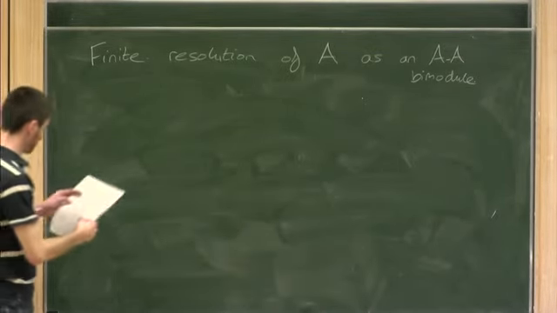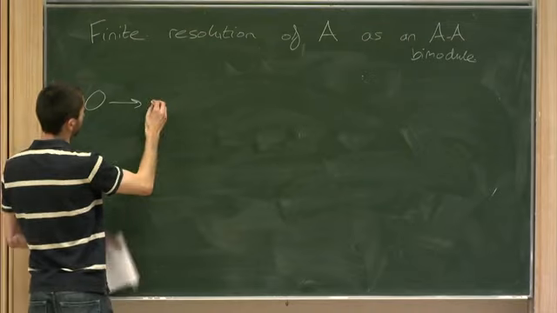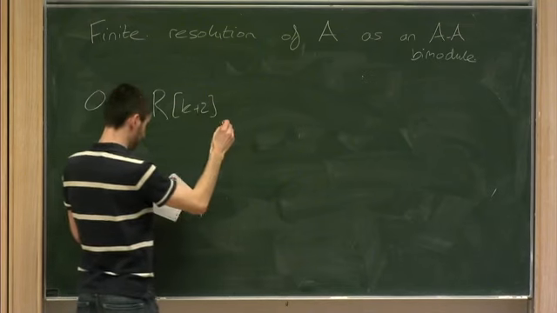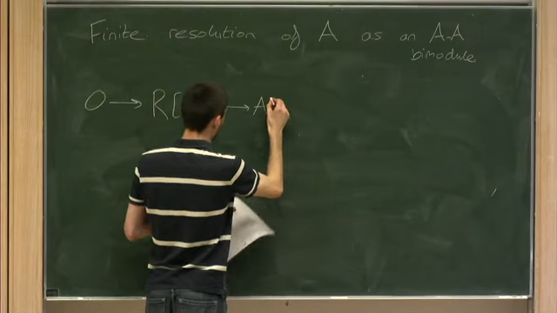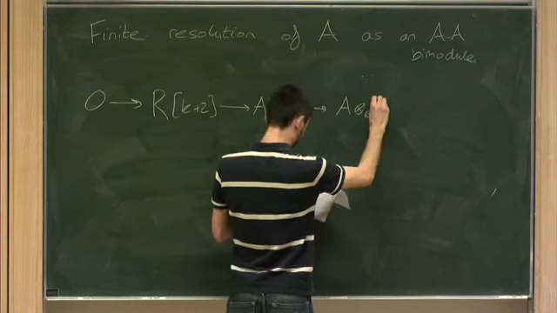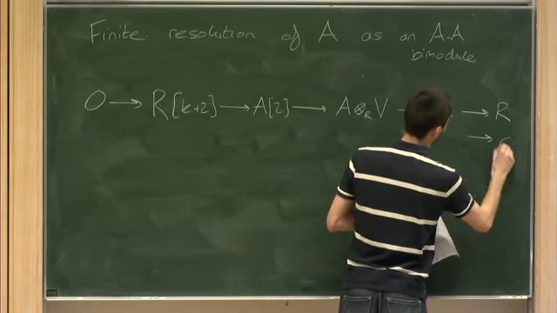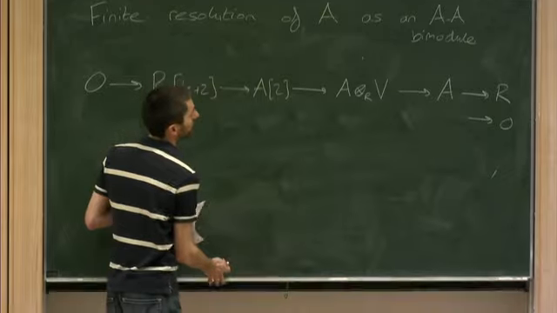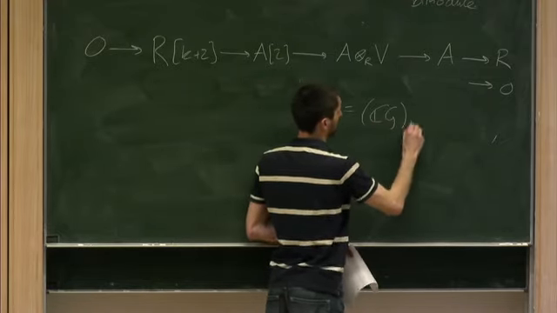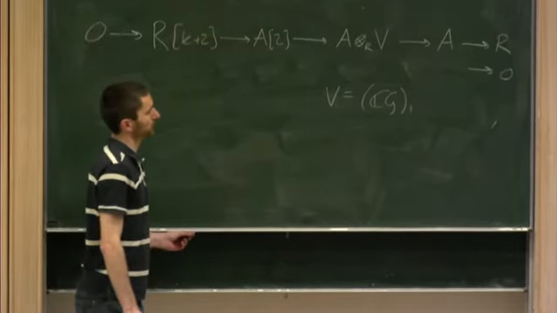First of all, let me write down a resolution of A just as a left A module. So here, V is the phi module generated by the edges of the graph, so paths of length 1.